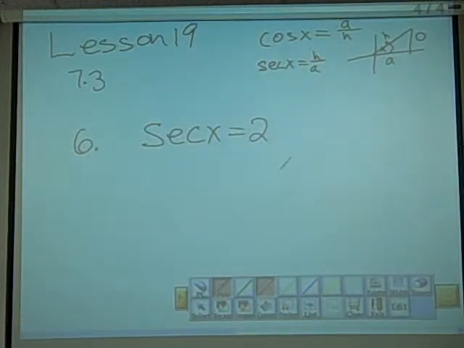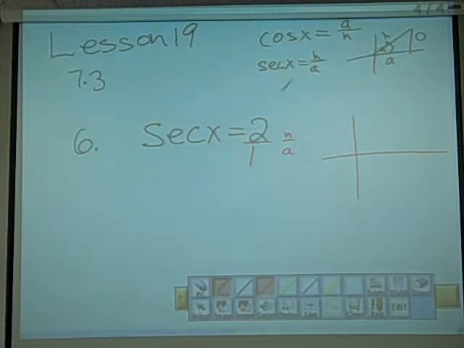So we can say that secant x is 2 over 1, where 2 is the hypotenuse and 1 is the adjacent side. So here's where we're at. And of course, we also mentioned that this is all in quadrant 4. Okay, so that's going to affect the signs of our values.